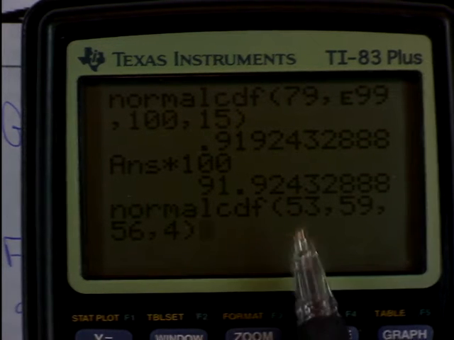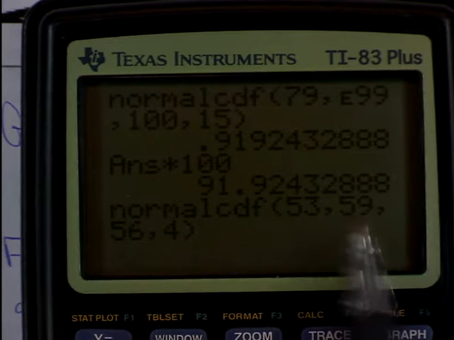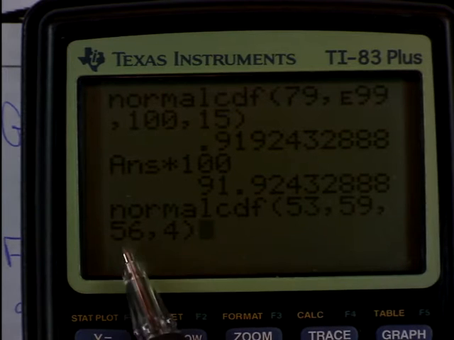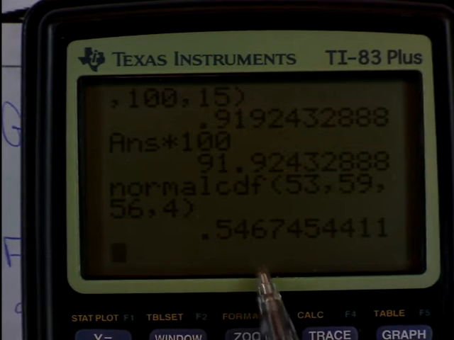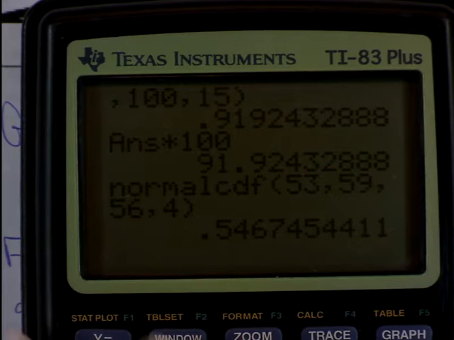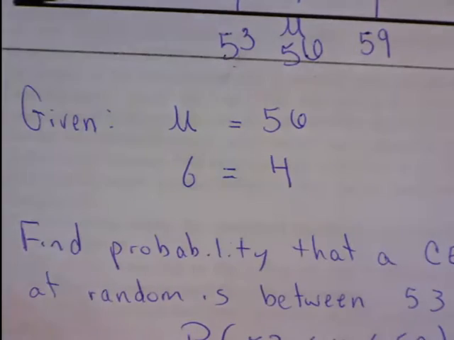Again, it's the smaller x, the larger x, between 53 and 59, the mean and the standard deviation. 0.5467. Okay? So the calculator is much easier.